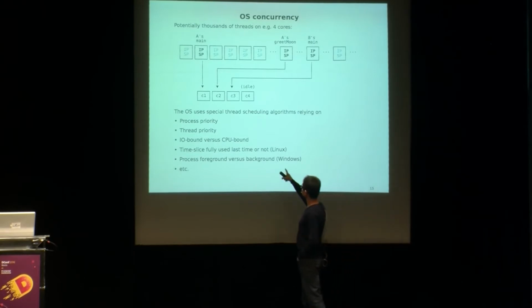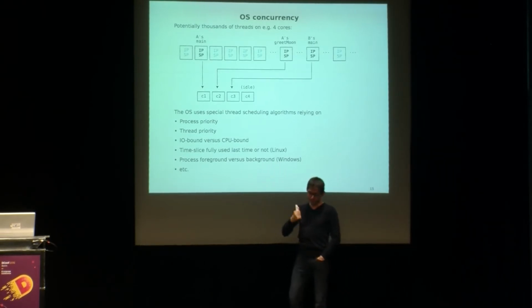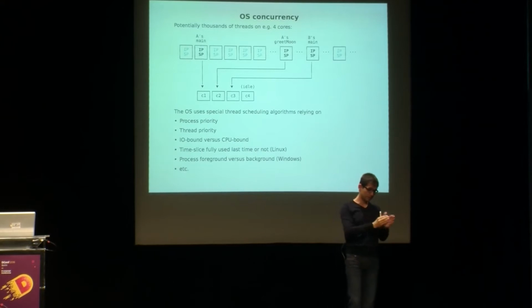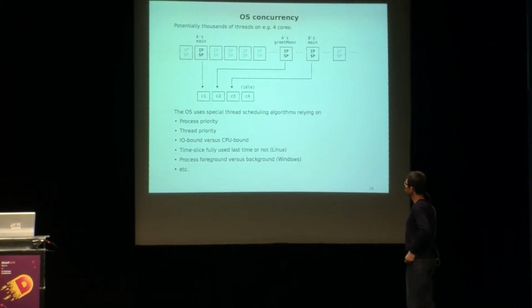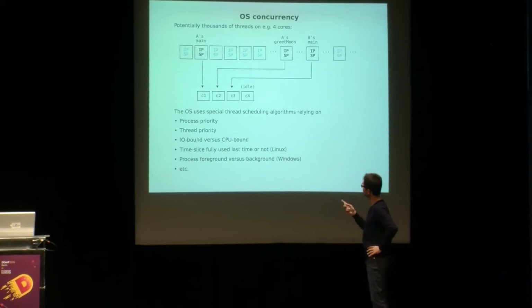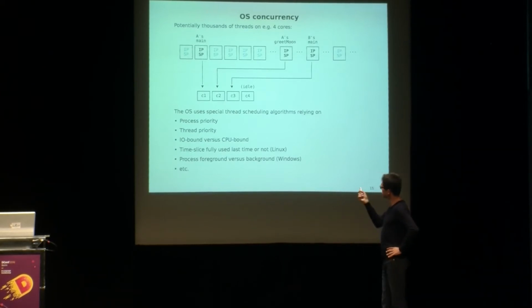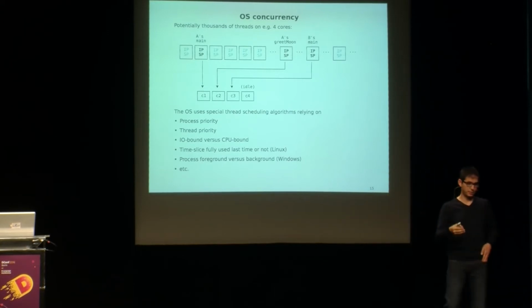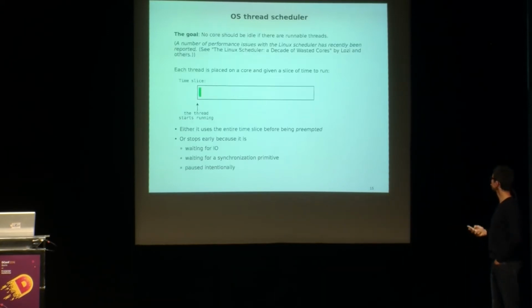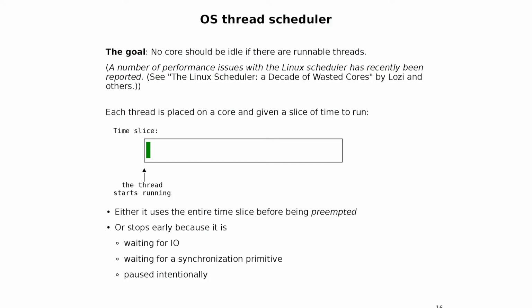Or, this is a Linux thing, whether that thread used up its own time slice fully or not. It determines the thread scheduling. Or in Windows, if you bring a process to foreground, it has a higher priority than others, etc.